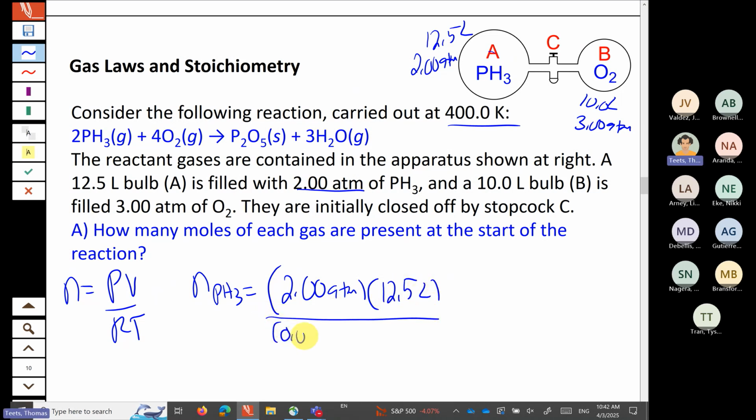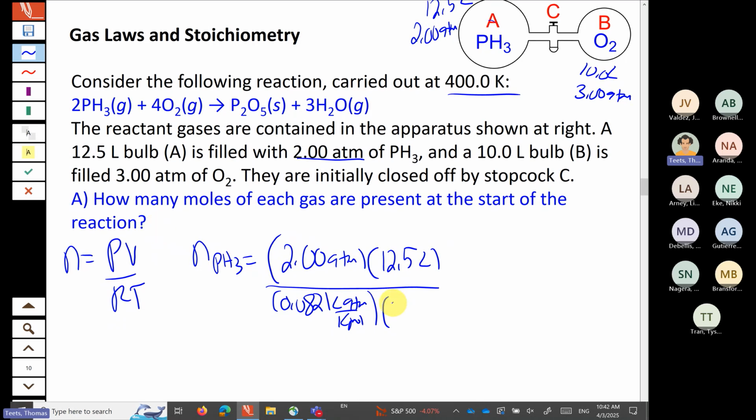The universal gas constant R goes in the bottom. And then the temperature is 400 Kelvin, already in the right units. The temperature of the whole thing is 400 Kelvin. So what we get for this is 0.761 moles of PH3.